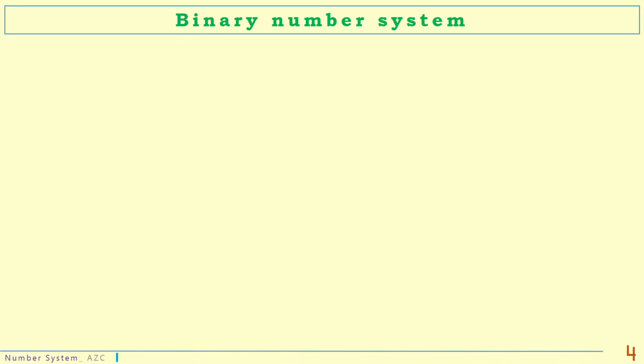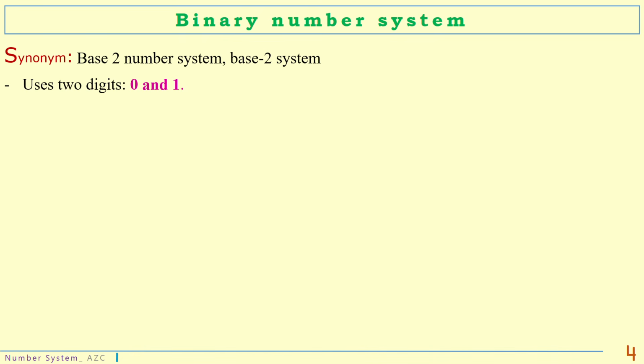Binary number system. Synonym is base 2 number system and base 2 system. Binary number system uses two digits, 0 and 1.